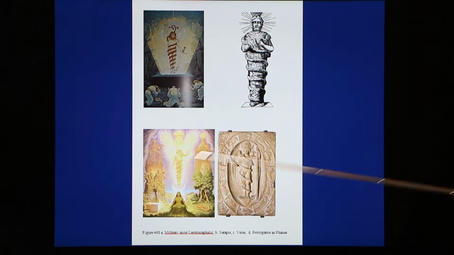And if we take that boy with the snake around it, he becomes the Protogonos as Phanes, and Phanes meaning apparition or appearance, as in epiphany.